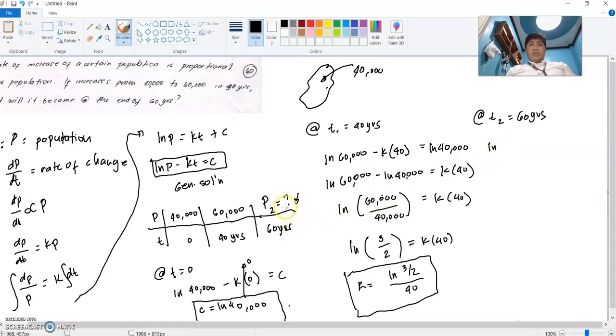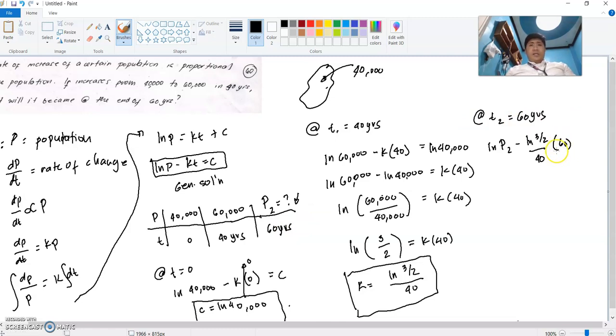The question is ln p, the population is unknown, so we have p sub 2 equals k, sorry, our k is this one, so we have ln 3 halves over 40 times t. What is our t? Time here is 60 years.